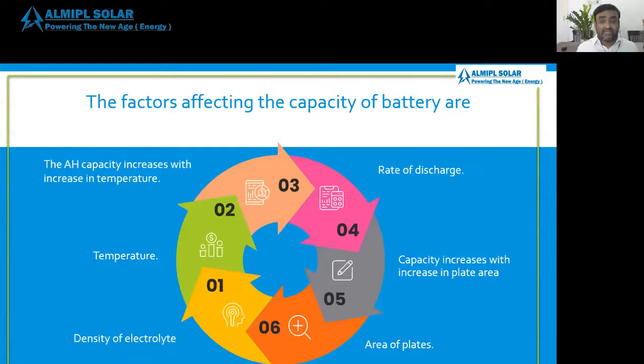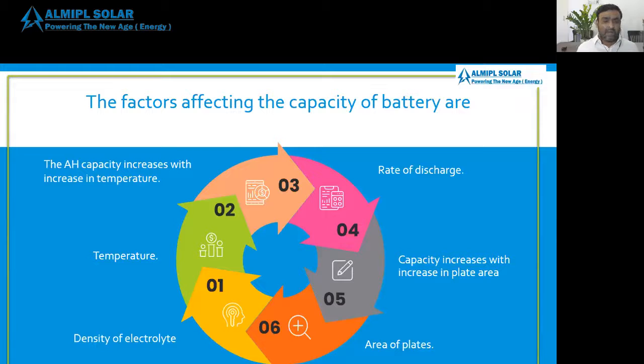Capacity increases with increasing plate area and number of plates. The area of plates we already discussed, anode and cathode, negative and positive plates, based on the voltage. The number of plates will decide it.